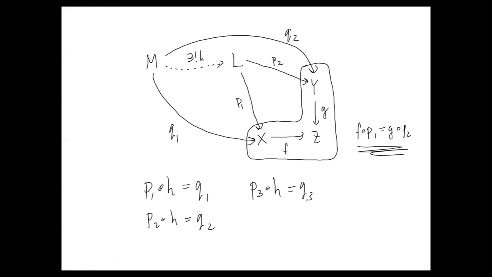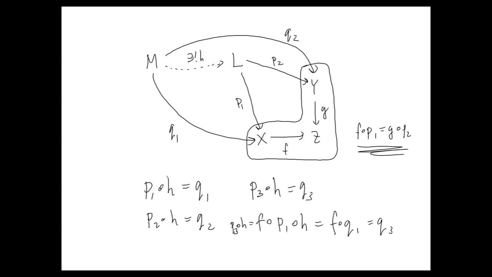But that can be concluded from the other two, because P3 would have been F composed with P1, and P1 composed with H, if that indeed equals Q1, then we get F composed with Q1, which is exactly Q3. And the left side here was exactly P3 composed with H. So we get that P3 composed with H equals Q3.